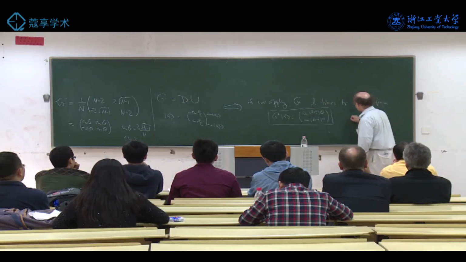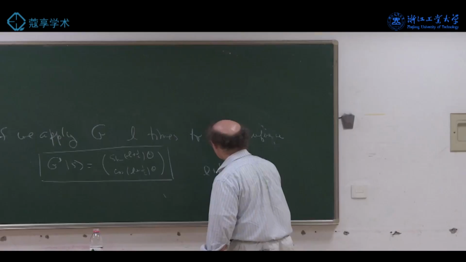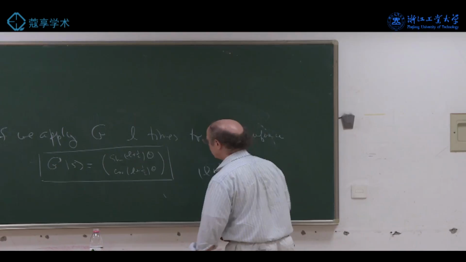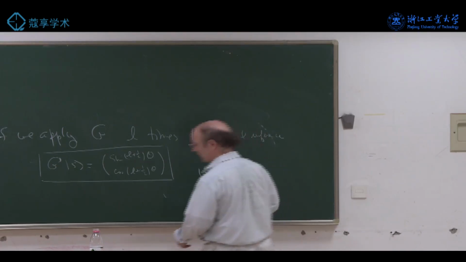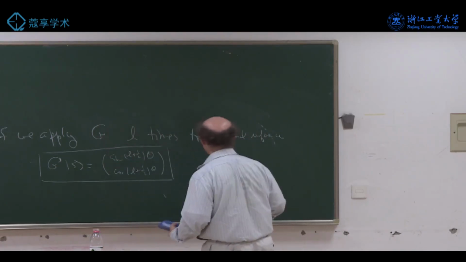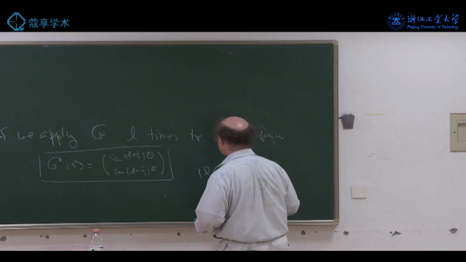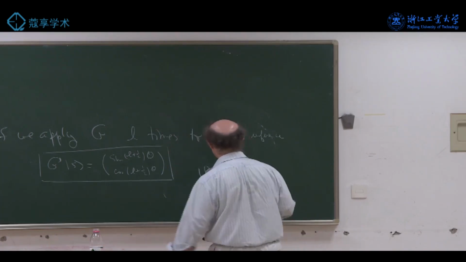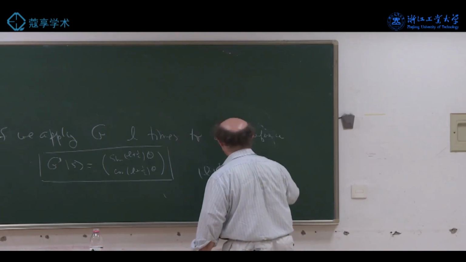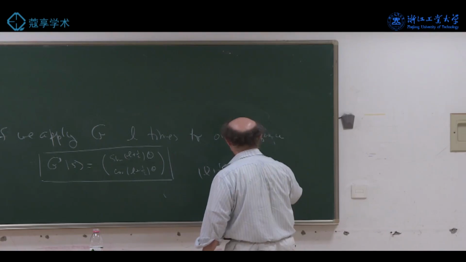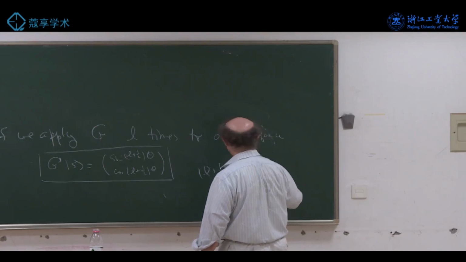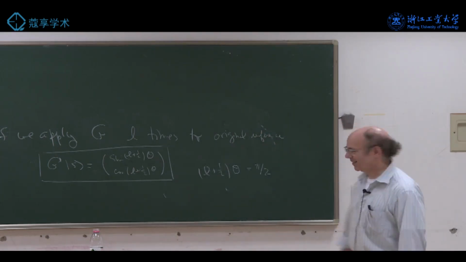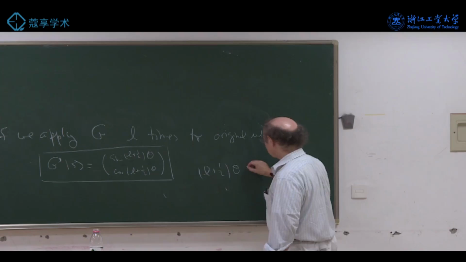So with L plus 1/2, we want L plus 1/2 times theta to be pi over 2 in order to maximize the sine, approximately.